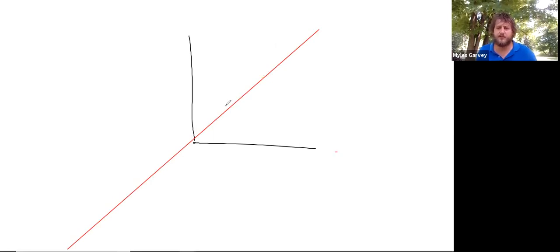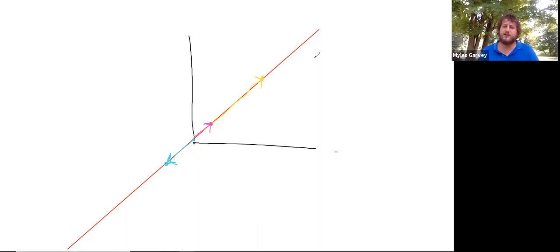Here's one vector that falls on that line, here's another, and here's another. So as it turns out, a line, at least in two-dimensional space, and this is true of n-dimensional space, is nothing more than a collection of vectors.